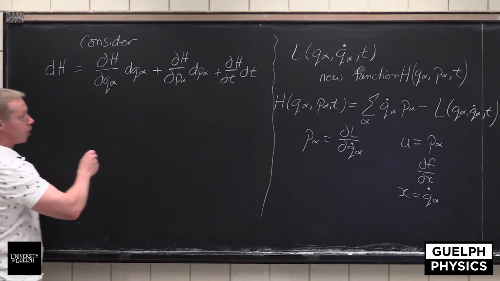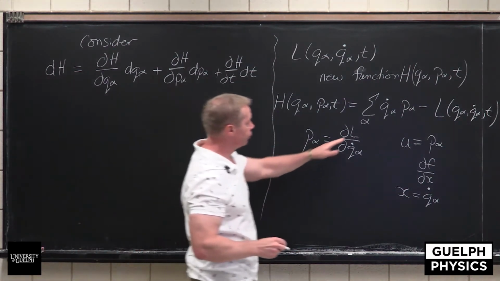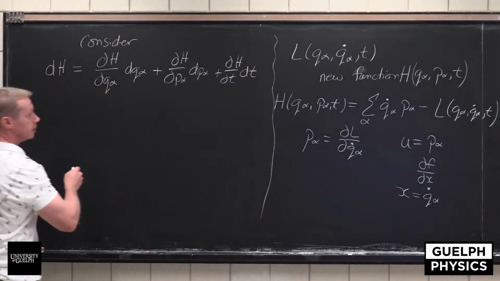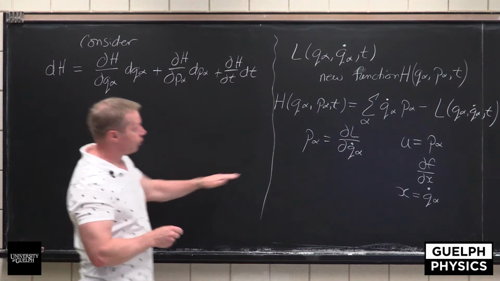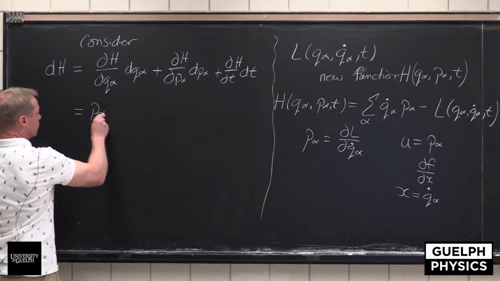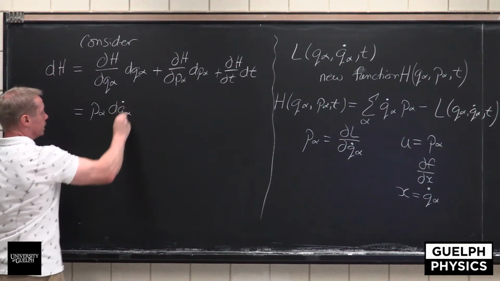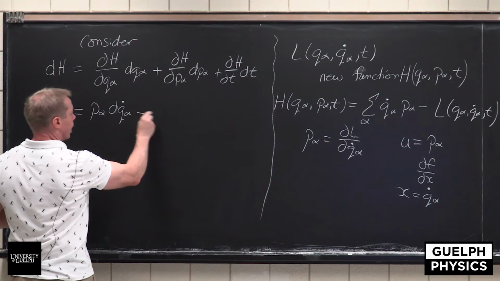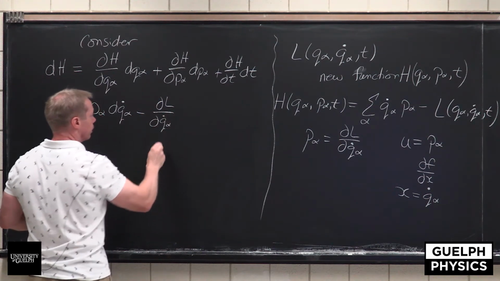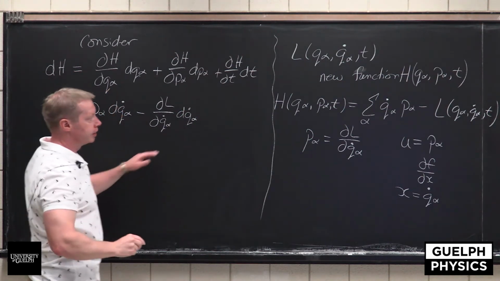So the first thing I want to do is take a derivative with respect to q alpha dot, and what I end up with is p alpha dq alpha dot, and then minus dL by dq alpha dot dq alpha dot.